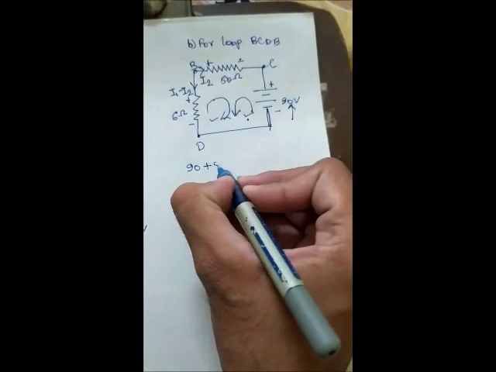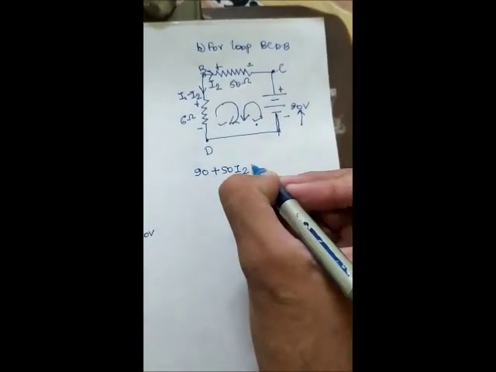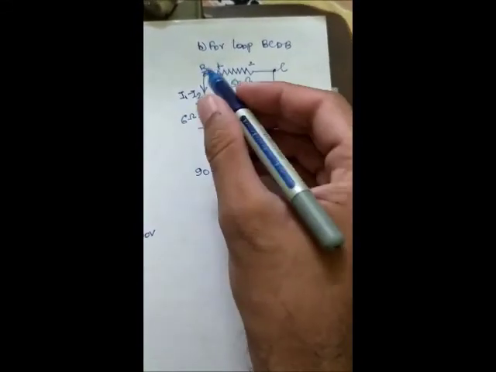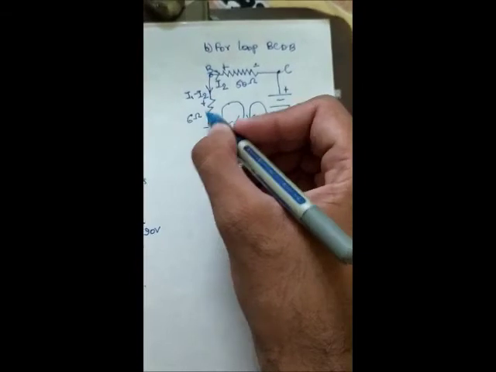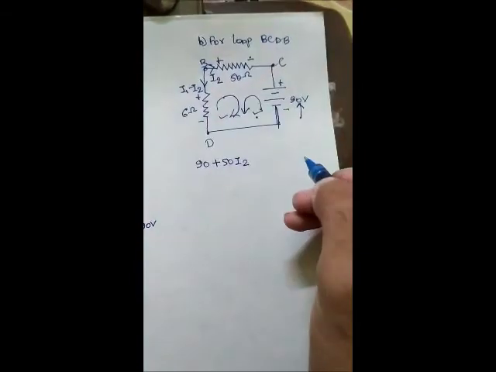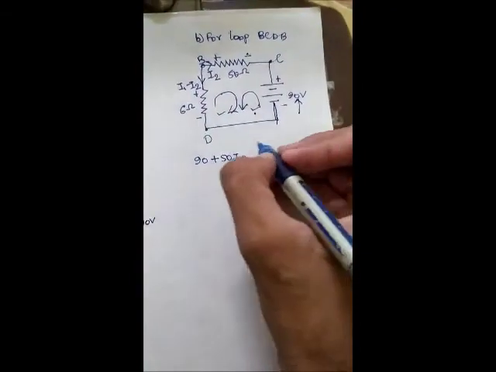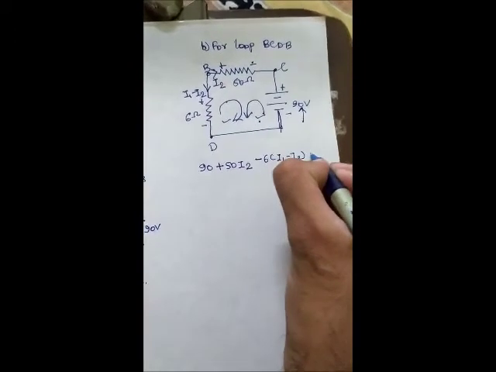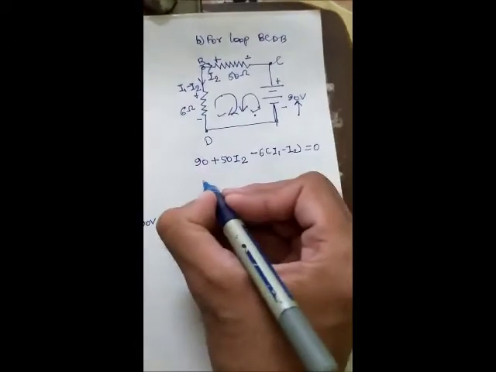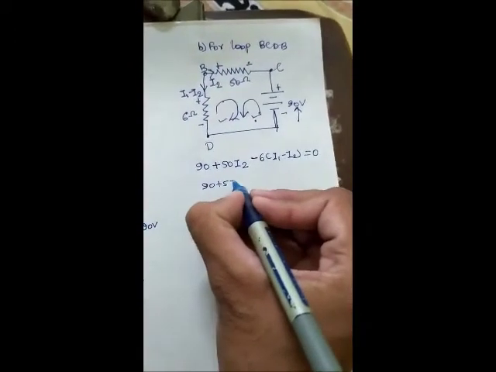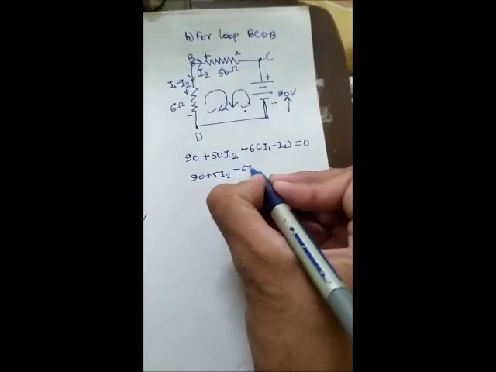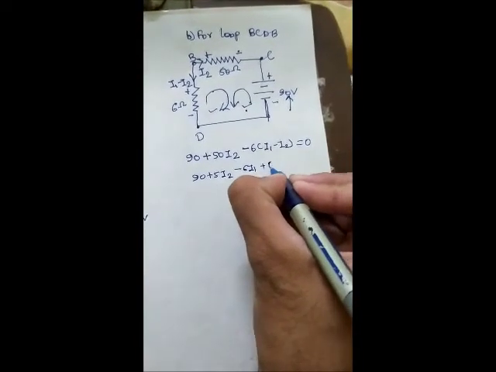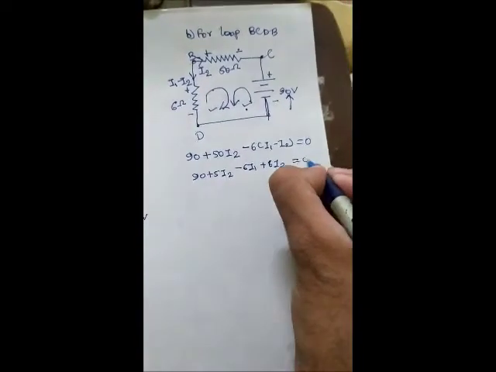So 90 plus 50 I2, and here potential is decreasing, plus to minus, a voltage drop is occurring. So minus of 6 I1 minus I2 is equals to 0. 90 plus 5 I2 minus 6 I1 plus 6 I2 is equals to 0.